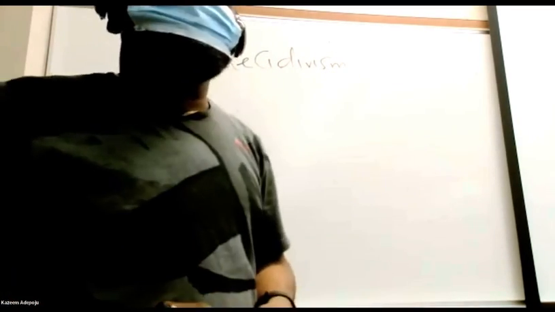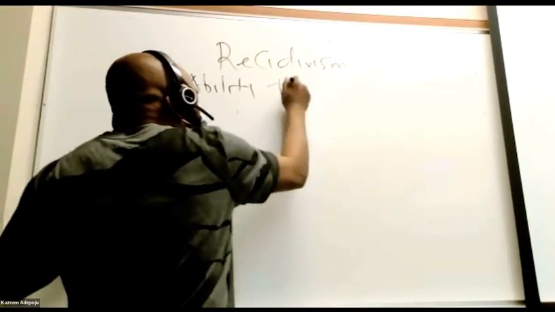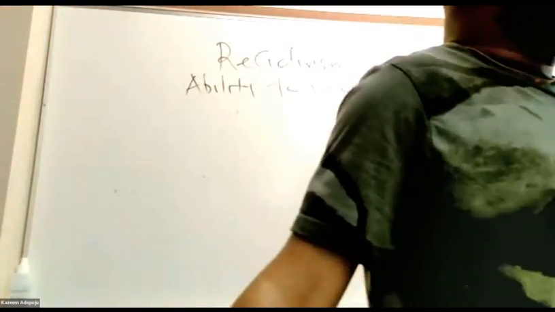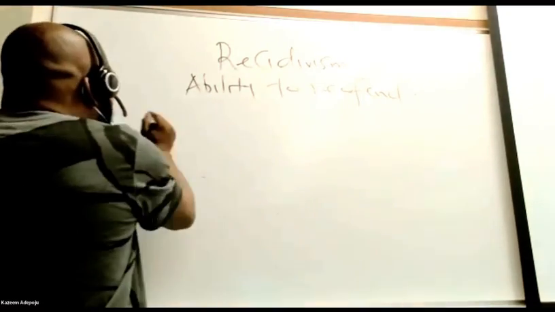It's the ability of a convicted criminal to reoffend, because the courts don't just give judgments. They look at what they call aggravating factors, because they want to see whether they should increase the sentence or decrease it. You may want to look at the probability.